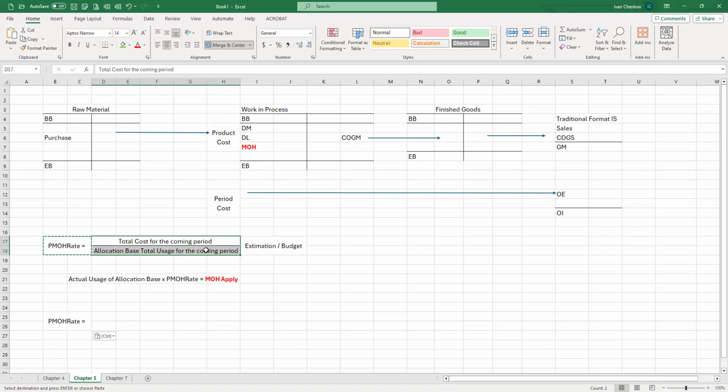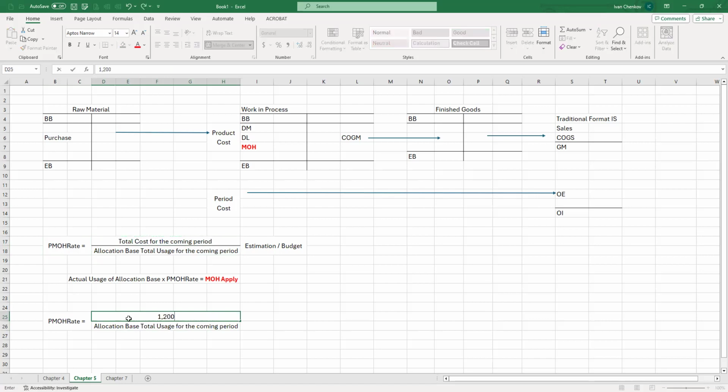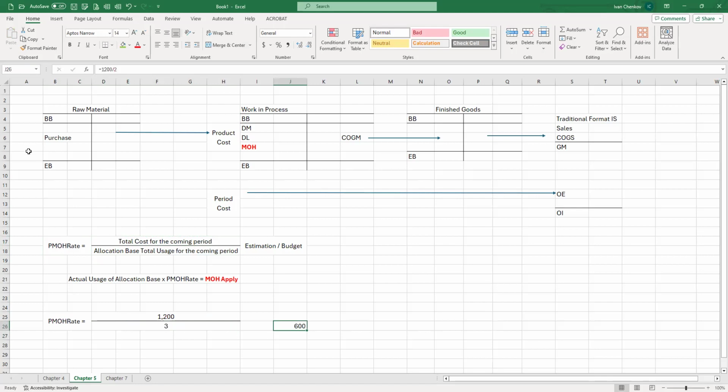Let me copy this one. We already know that our rent is $1,200. The students living in the apartment are 3. So each student has to pay how much? Let's divide it by 3.